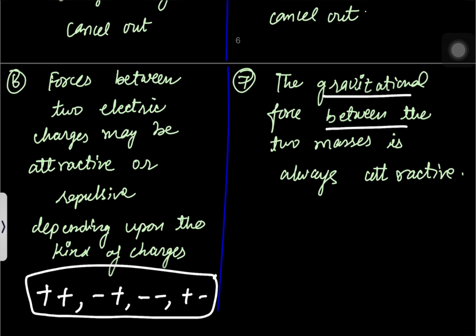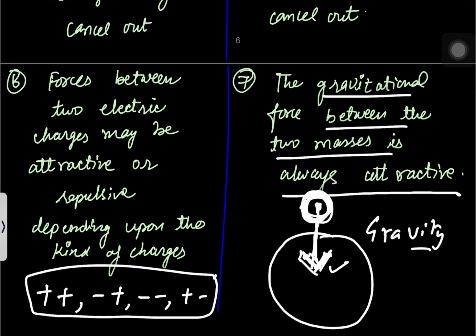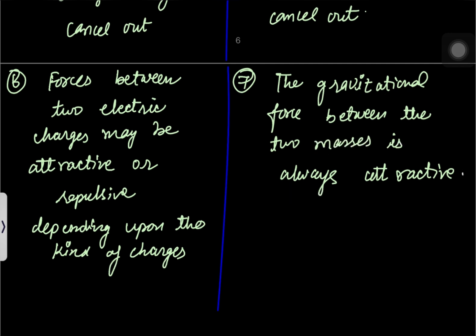But the gravitational force between two masses is always attractive. If this is Earth and this is a mass, and I drop the object towards the Earth, the object experiences a force of attraction towards the center of Earth. That is gravity itself. So the gravitational force is always attractive in nature.